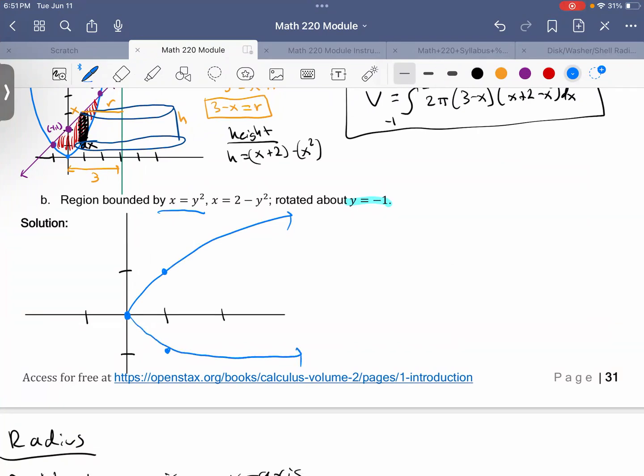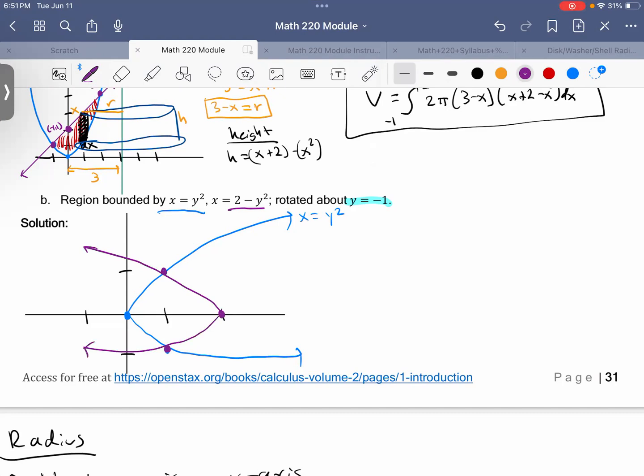So that is x equals y squared. Next up is 2 minus y squared, which is also at 1, 1 and 1, -1, but this one's at 2, 0, and we fill that out.